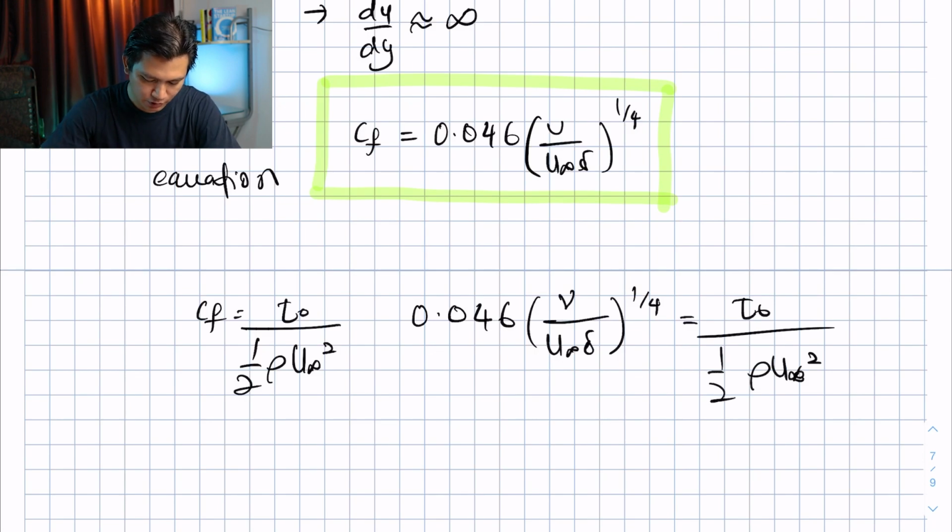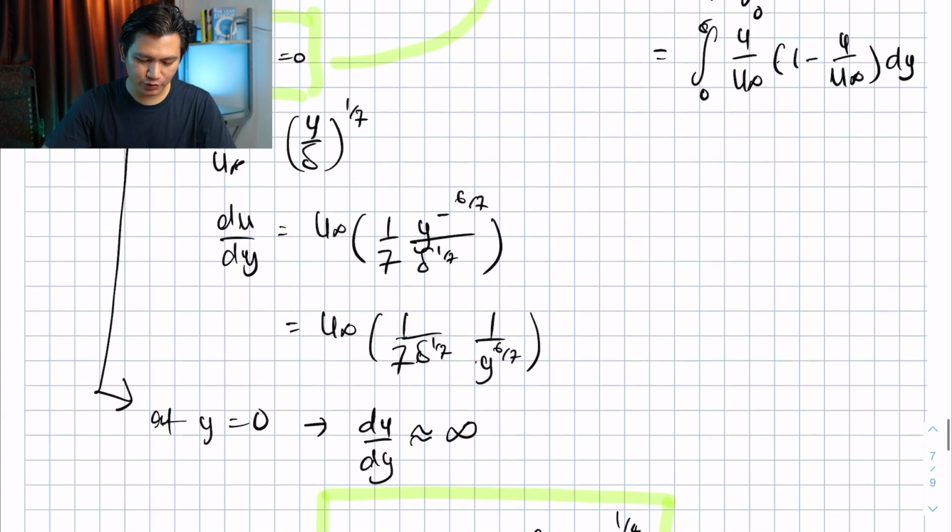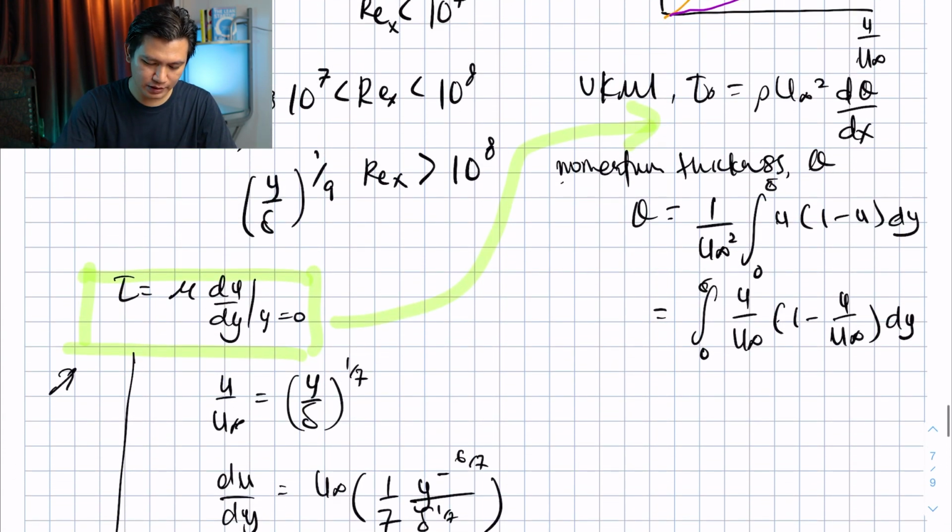So tau naught is equal to 0.023 rho u infinity square times nu over u infinity del, to the power of 1 over 4. And this is the tau that we are going to use instead of tau equal to mu du dy. And this tau, we're going to equate with this tau.